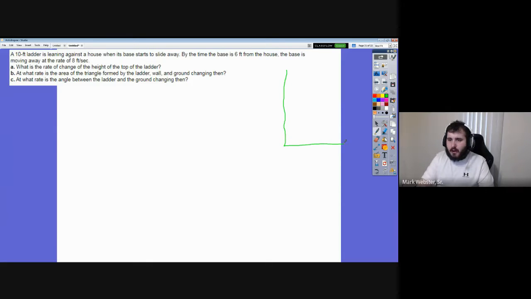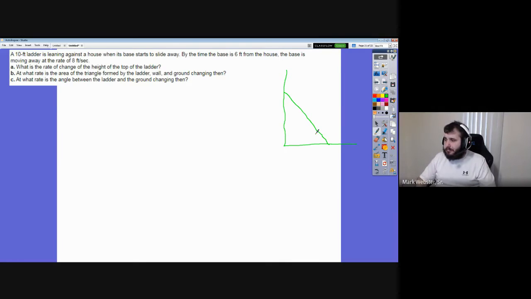And here's the ground. And then there's a ladder and it's leaning against the house and it's slowly slipping. It's that situation where you haven't replaced the feet in a while and it just doesn't hold the friction anymore. Or worse, the ground is all slippery. And so you're leaning it up against the wall and you just see it go tick, tick, tick, and it's trying to fall down.